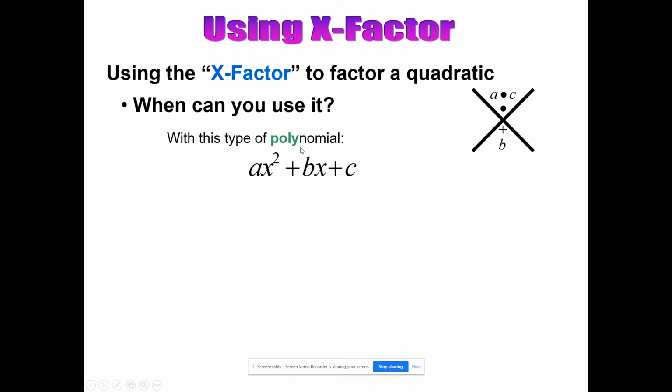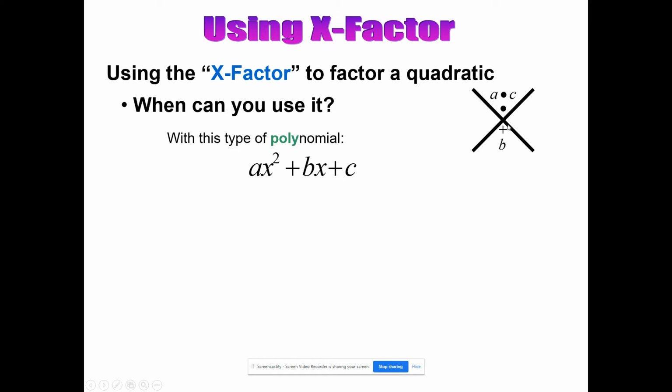We will use the x factor if we have a polynomial that is a quadratic, and for right now, we're going to look at these quadratic trinomials. So there's 1, 2, 3 terms. So this is a trinomial, and it's a quadratic because there's a square there, okay? And we can put in any values for A, B, and C.